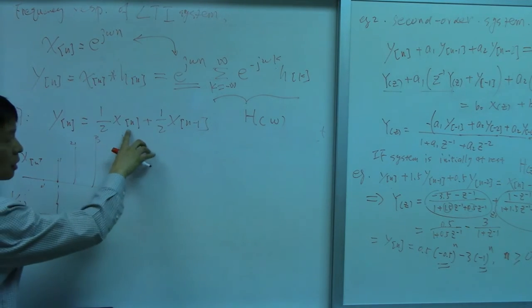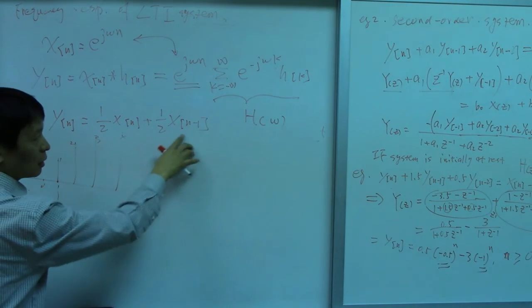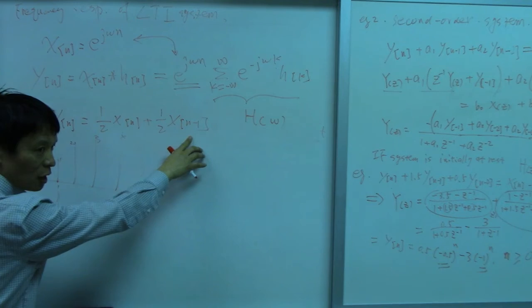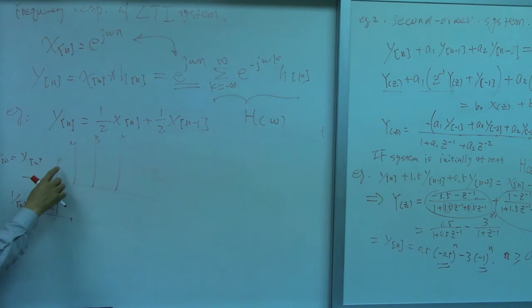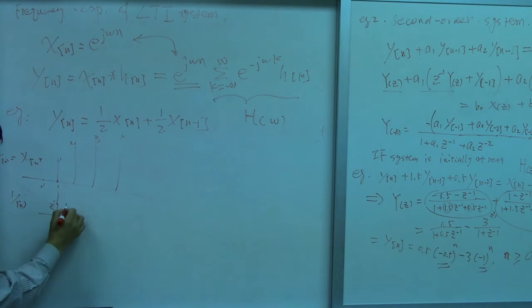It is x[n] plus the input delayed by 1, added and divided by 2. So 1 and 0 equals 1, then divide by 2, so this equals half. Okay, what is the output when time equals 2? That is the input at 2 plus the input at 1, then divided by 2, which equals 1 and a half, and so on.